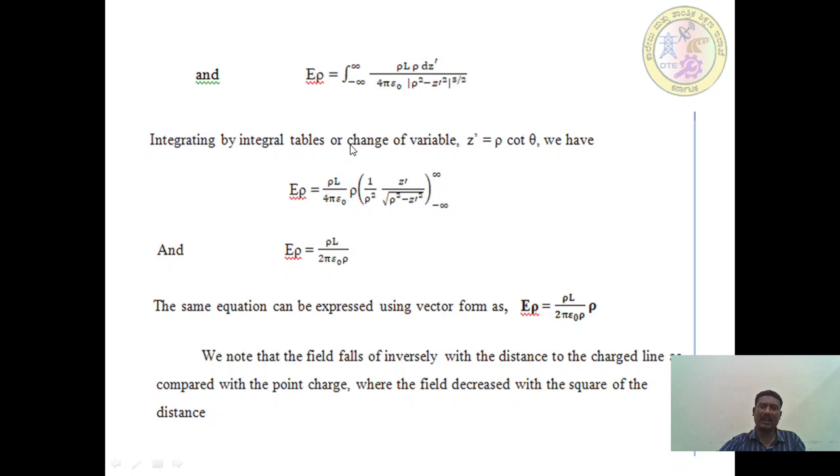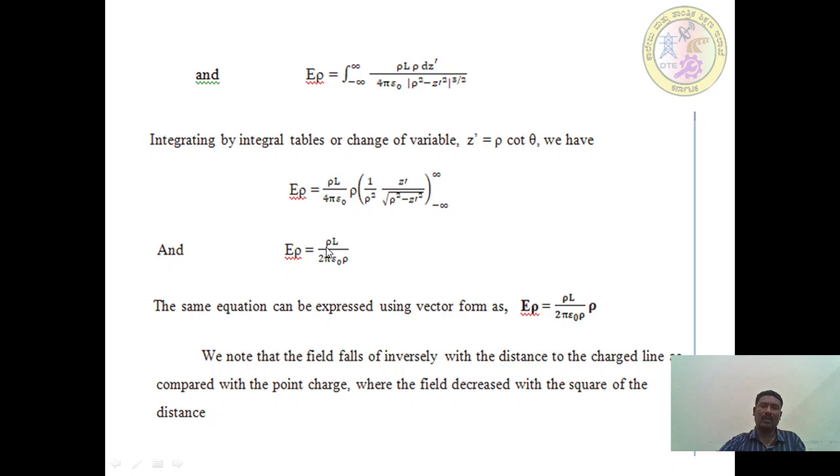Integrating by the integral table or change of variable, that is z dash is equal to rho cot theta, we have E rho is equal to rho L divided by 4 pi epsilon naught rho into 1 by rho square into z dash divided by square root of rho square plus z dash square, ranging from minus infinity to plus infinity, and E rho is obtained after simplification.